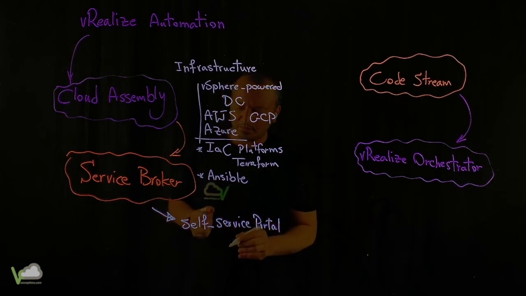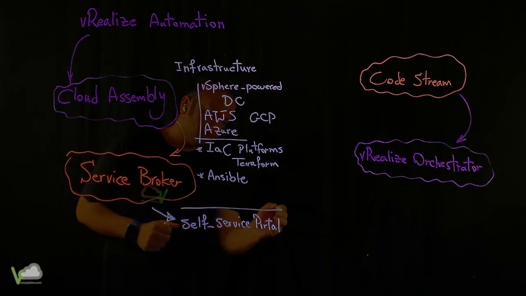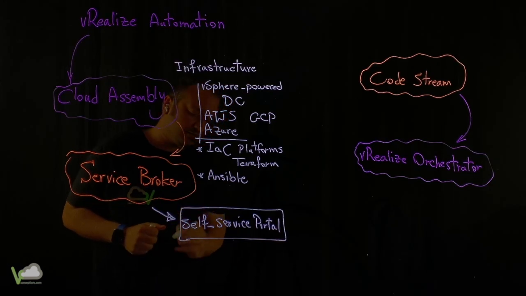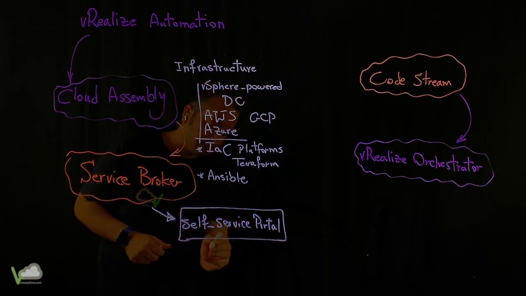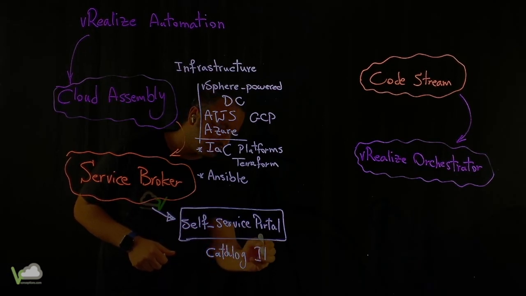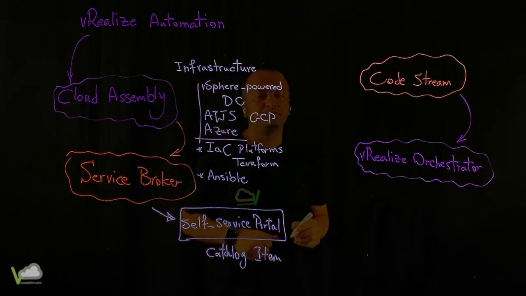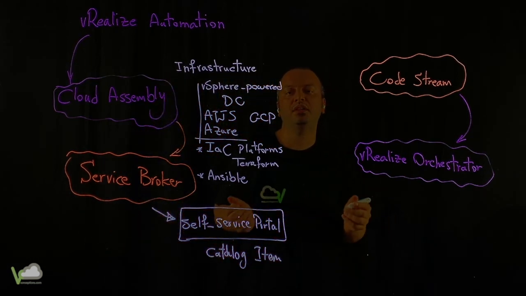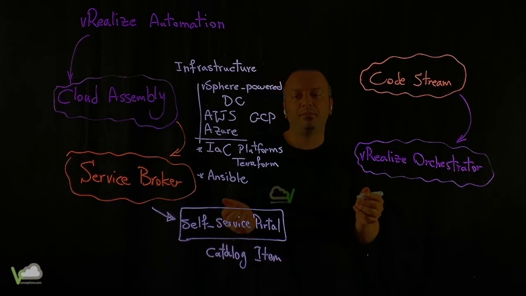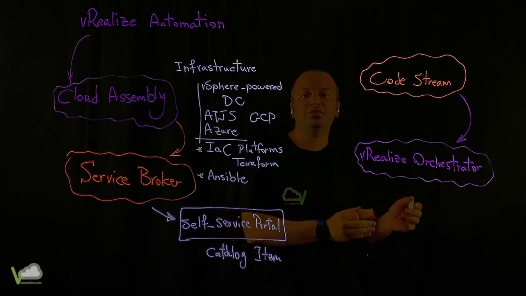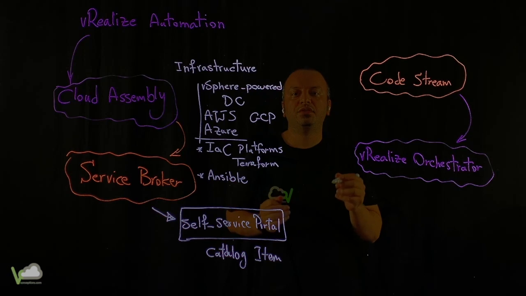So what a user can see here is referred to as catalog items. What is a catalog item? A catalog item is simply cloud templates or blueprints or day two actions that a user has the right to use.